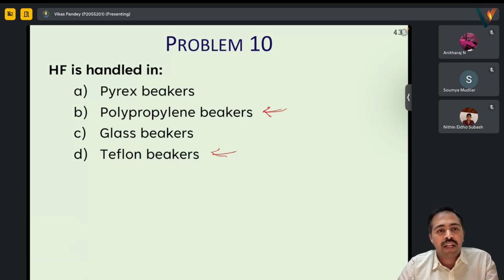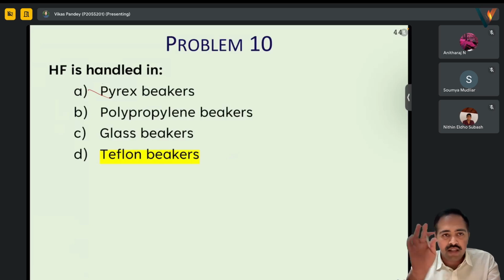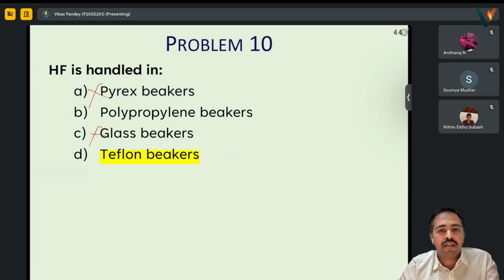Fine. And Pyrex is clearly no. Glass is clearly no. Polypropylene beakers are also not used in case of HF. But if you are handling some acid outside the clean room, it can work. But in case of microfabrication, we are going for Teflon beakers only. Fine.